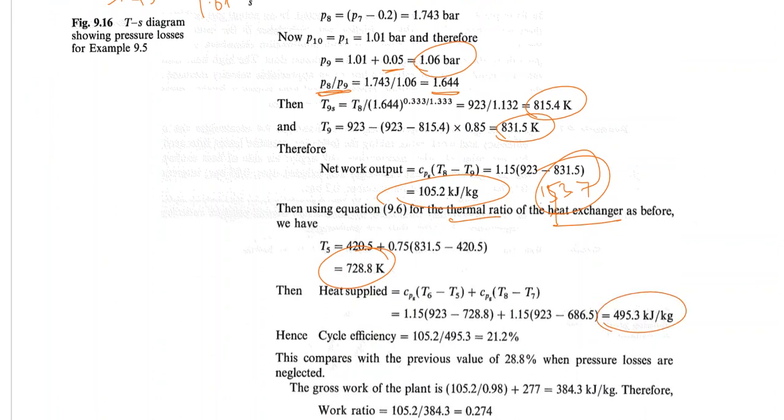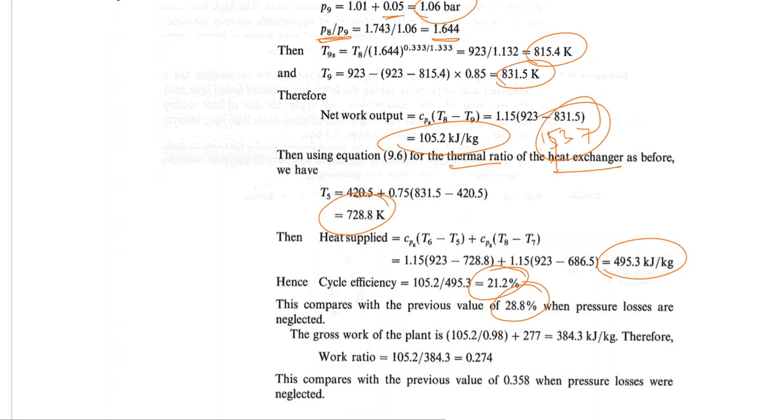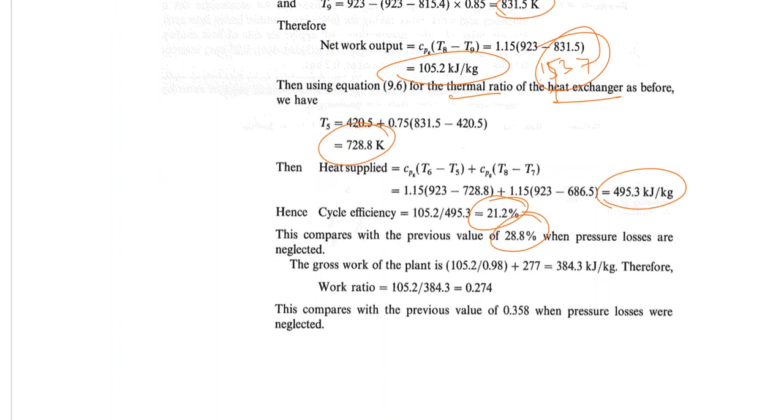The cycle efficiency would now be equal to 21%. This is definitely a huge drop, almost 7% from the previous value, which was 28.8%. The gross work ratio is now 27.4%. Previously, it was 35.8% when the pressure losses were neglected.